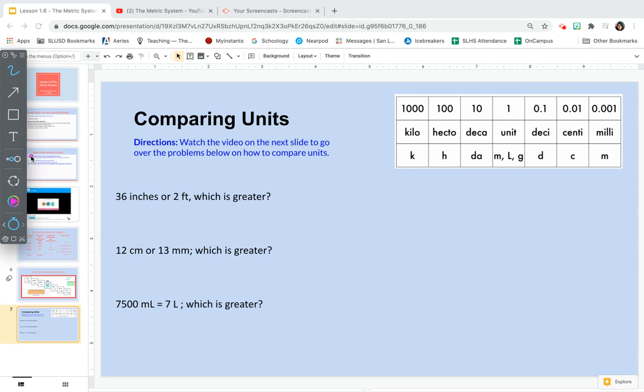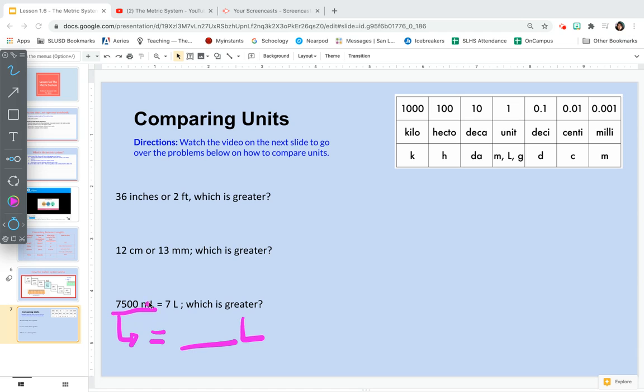All right, y'all ready? All right, so now I have 7,500 milliliters compared to 7 liters, which is greater. So I'm going to take this unit, milliliters, and make it the same as liters, L. So I want to figure out what this is in liters so that when these are the same units, I can compare.